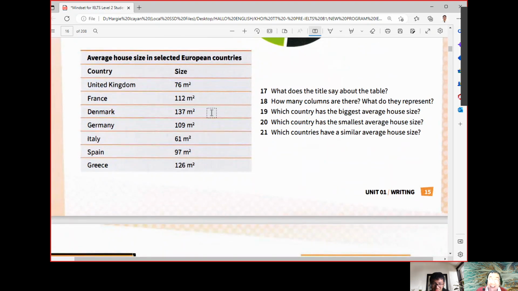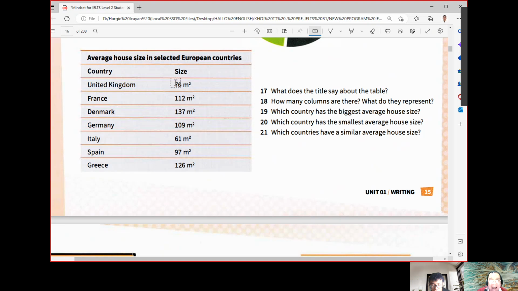Next, look at this table graph. So this one now is a table graph. Question 17. Look at the table. In a table, the data on top is the title.